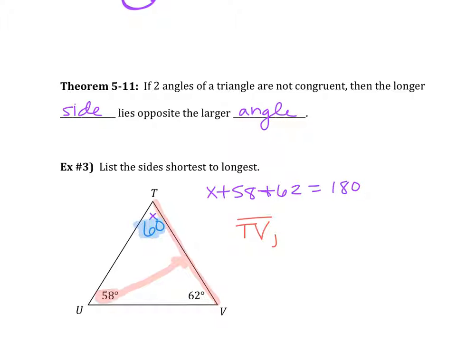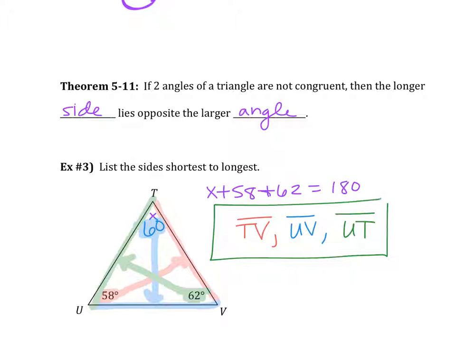Your next smallest angle is across from your next shortest side, so UV, which means your biggest angle, the 62, is across from the biggest side, which is UT or TU. So that would be the 3 from shortest to longest. Questions on that?